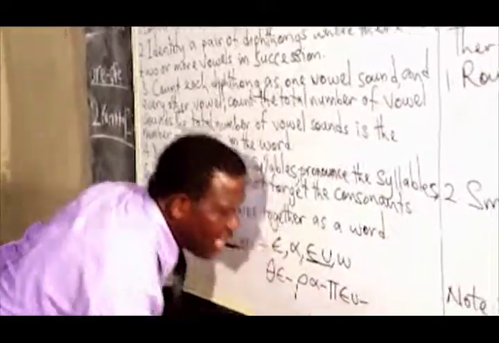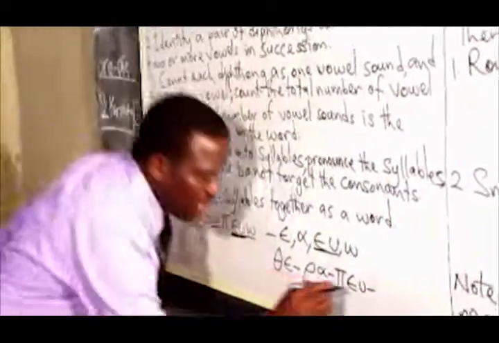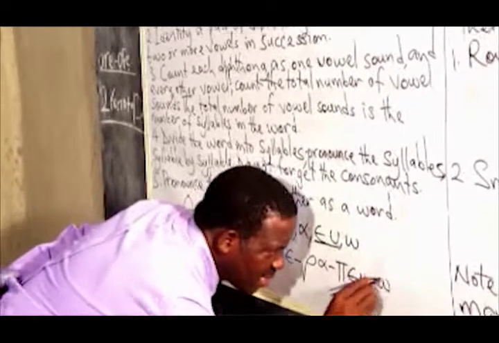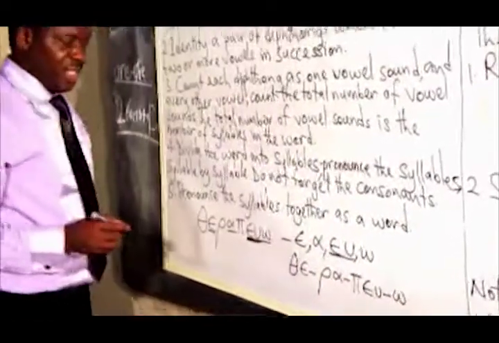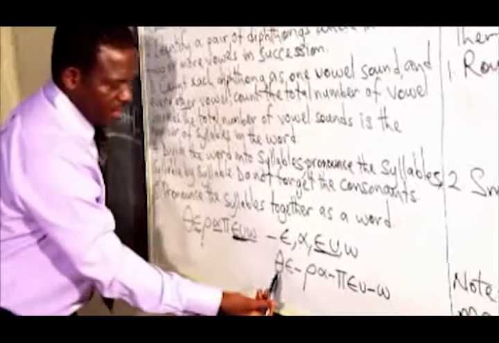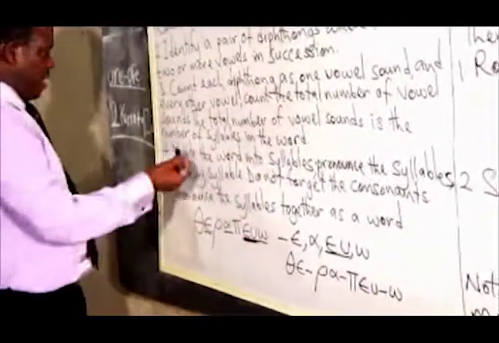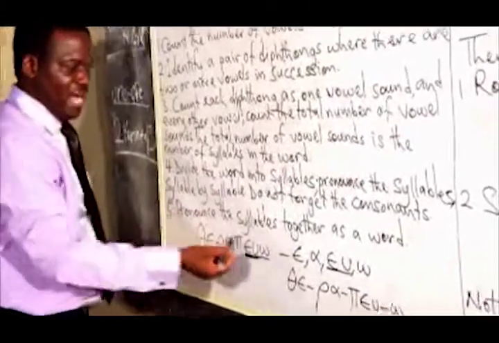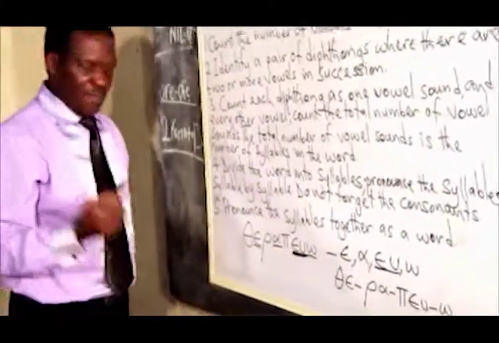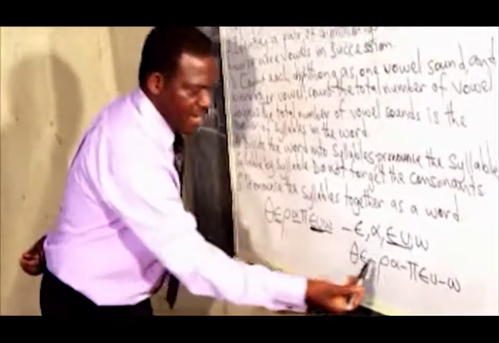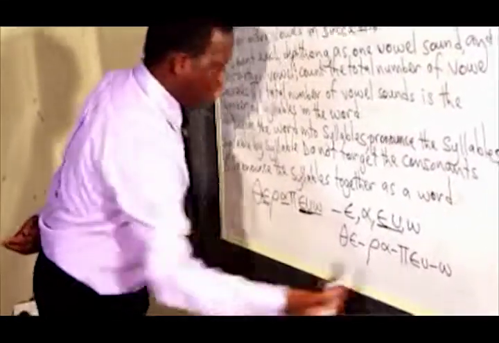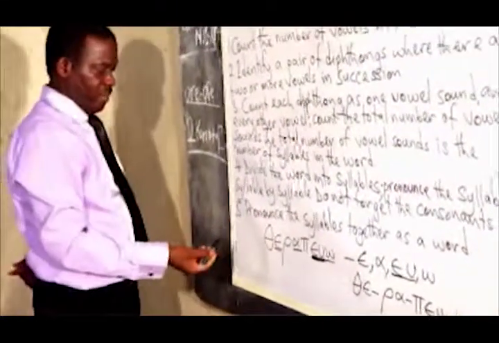Then we make the demarcation, and the last vowel can stand as a syllable. We now have the syllables: terra, piu, o. Because in number 4, we are asked to pronounce syllable by syllable. Terra, piu, o.